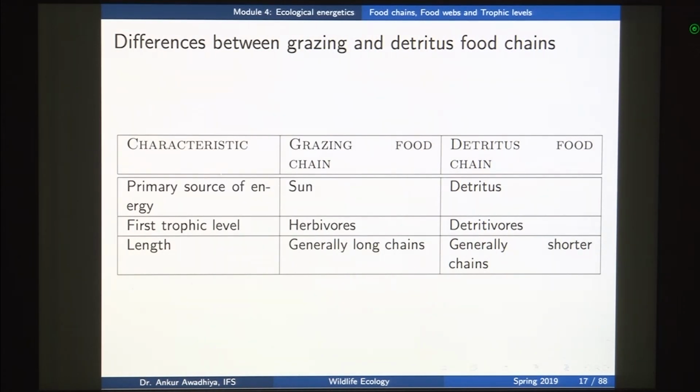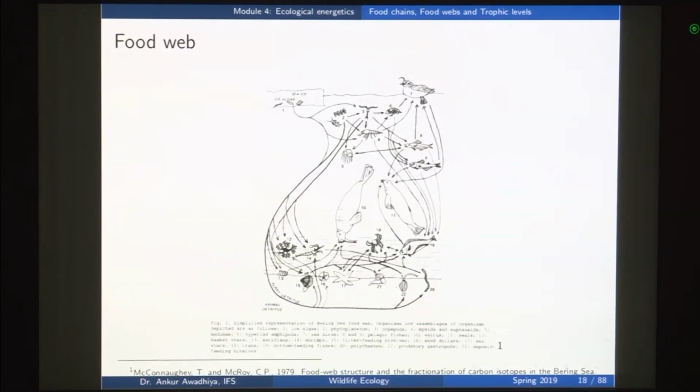Now, that is about the food chains, but if we look around in nature, we will observe that not a single chain is present, but multiple chains, and all of these multiple chains make up a food web.